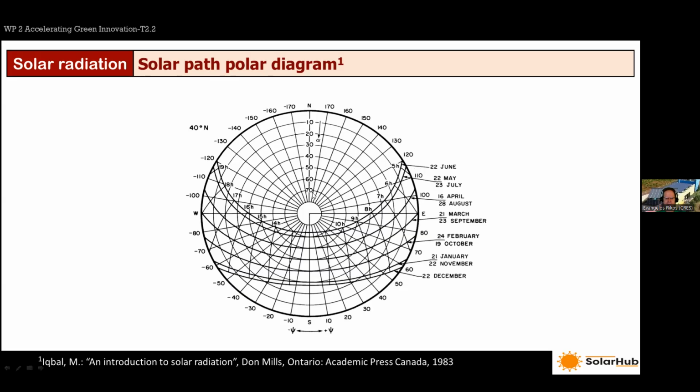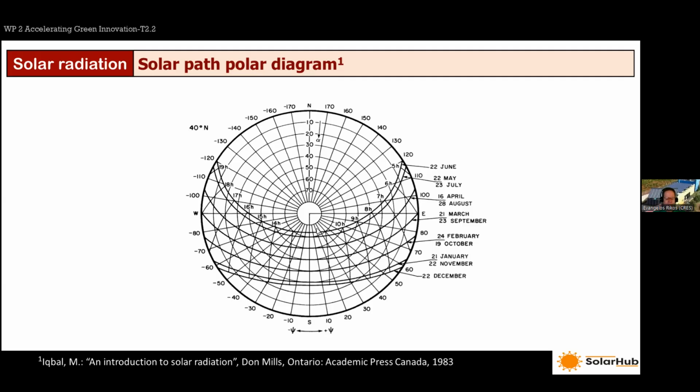If you consider that the inner circles represent a higher solar altitude, this means that here, for example, the sun is at its peak, for a location at 40 degrees north latitude, let's say. So the sun is at its peak here at this time of the year for this hour.